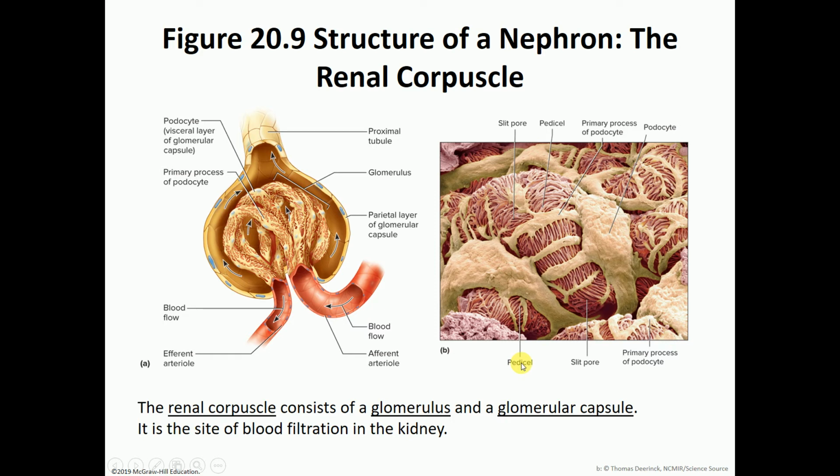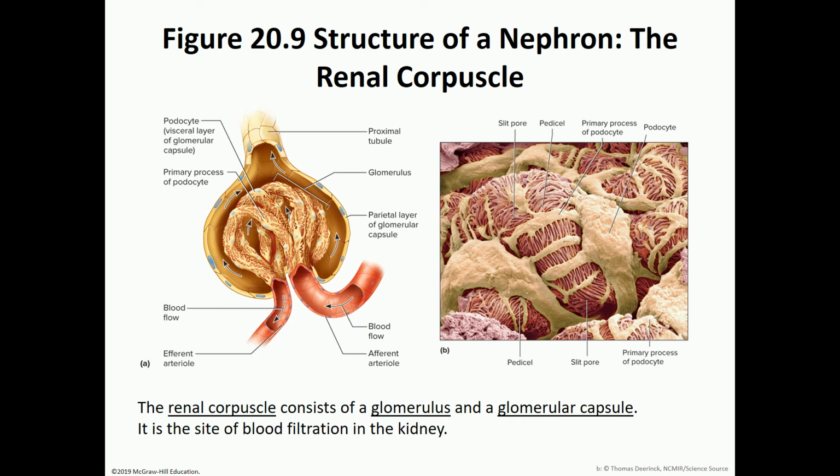In between those projections are little tiny slits, and plasma with anything that is small enough to be filtered out will actually be filtered into this space known as the capsular space, again, to start making urine. So we'll talk about exact steps of urine formation, but the first step again is filtration, and filtration is going to happen right in the renal corpuscle.